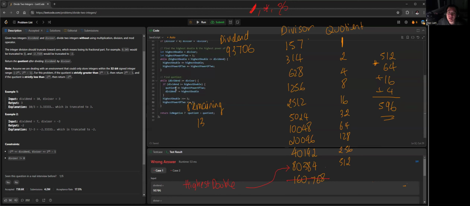We're not going to always add to the quotient. We only add when we find a highest double that is less than or equal to the new remaining. So we go to 40,000, 20,000, and then 10,000. That is when we find a highest double that is less than or equal to the new dividend, which is 13,000. So that's why we add 64, and then keep repeating.